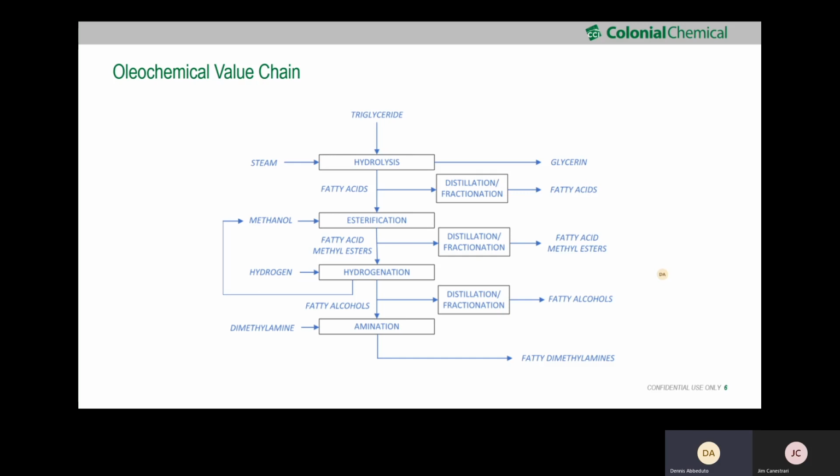And so you can see that, again, as we work down the value chain, you have more and more opportunities to commingle feedstocks to produce the optimum mixtures of alkyl groups. One common thing that's done in the industry is, for example, at the triglyceride step, we'll maybe start with coconut or palm kernel.